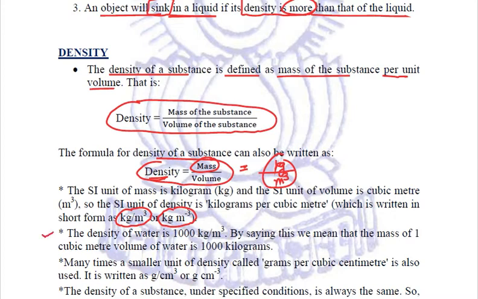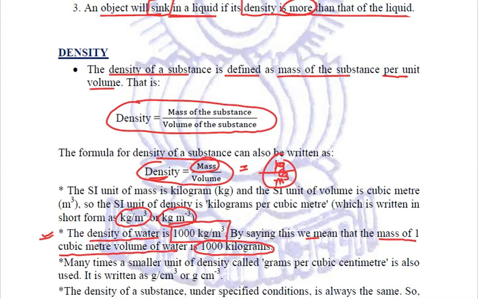Now, the important thing you need to remember is that the density of water is 1000 kilogram per meter cube. What exactly is meant by this statement? By saying that the density of water is 1000 kilogram per meter cube, we mean that the mass of 1 cubic meter volume of water is 1000 kilograms.